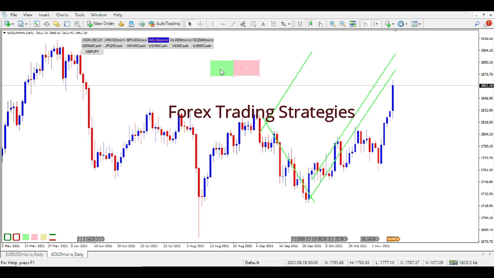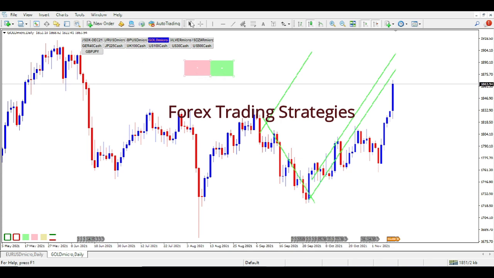But if you have the dollar index going down and the dollar is on the left, with the other currency on the right, then obviously sell. But if the dollar index is going up, and the pair has a certain currency on the left and the dollar on the right, it means sell.